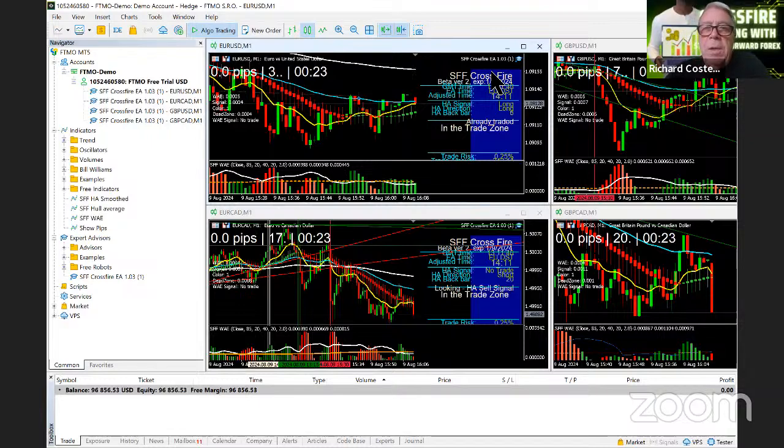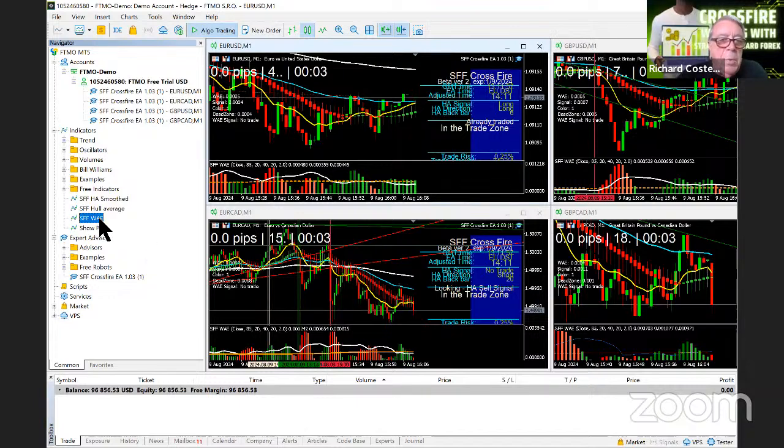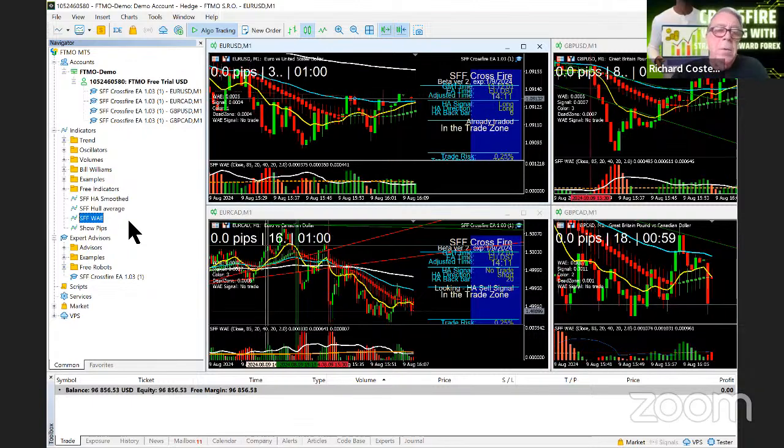So you would take out what's in the brackets. That has been the cause of a lot of problems. You need to save WAE on its own and then load it onto your MT5.